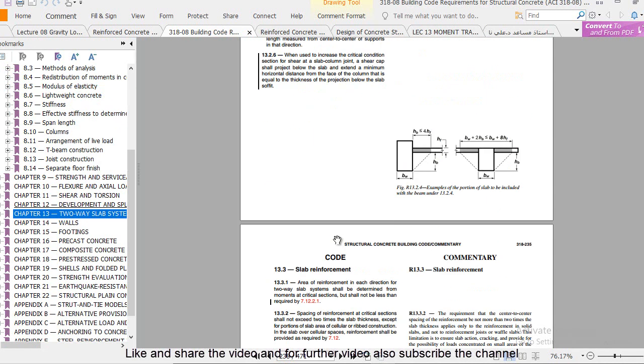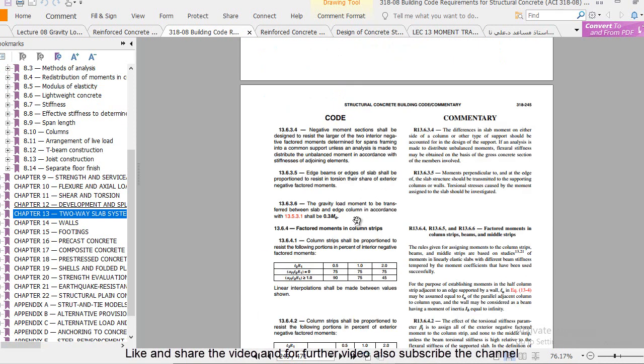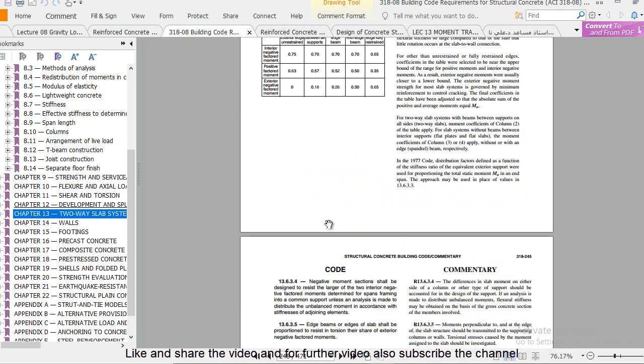Here you can see the gravity load moment. Remember, the gravity load, not the lateral load, to be transferred between slab and edge column, in accordance with this section, shall be 0.3 M0. This is very important.